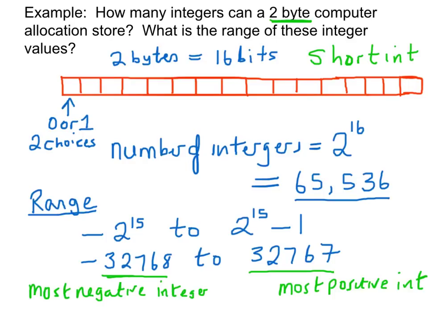So minus 32,768 is regarded as the most negative integer in the system, and plus 32,767 is regarded as the most positive integer in the system.